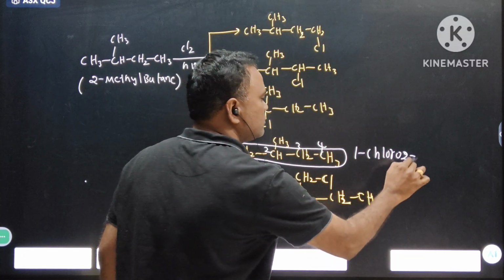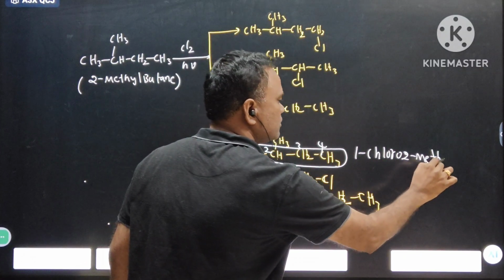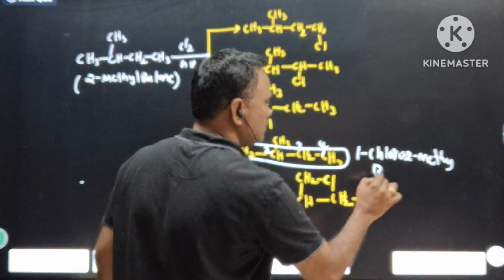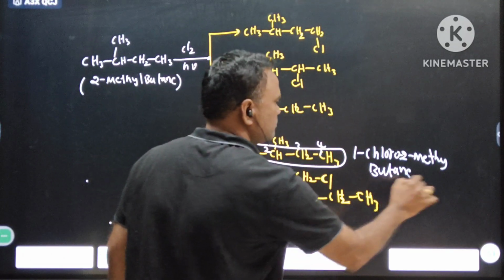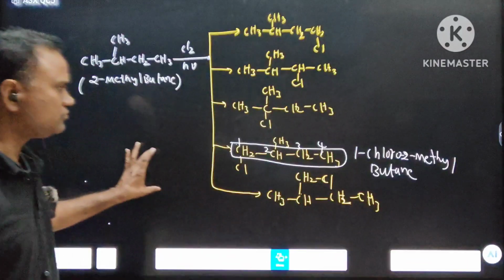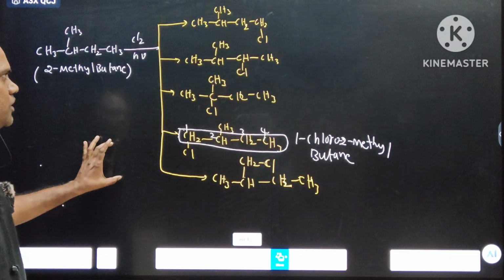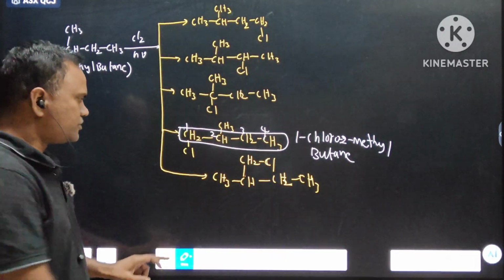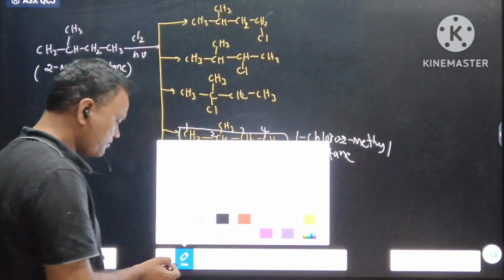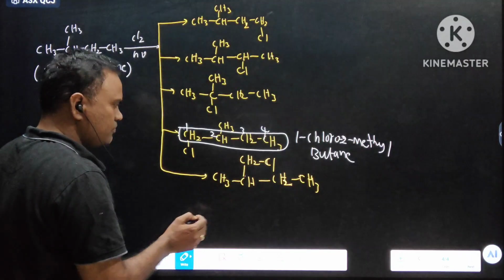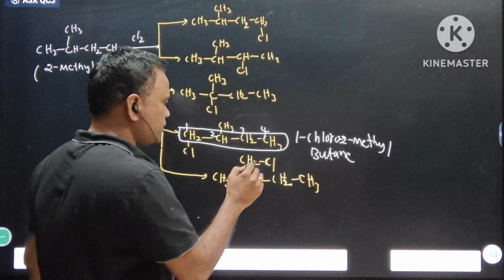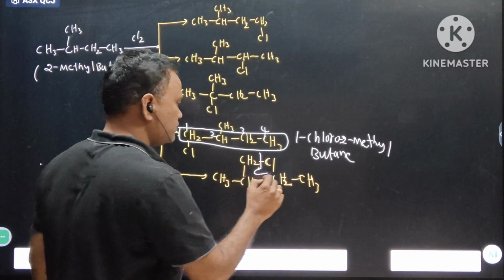1-chloro, 2-methyl butane. Next, its IUPAC name. Select the longest chain. This is the longest chain now.